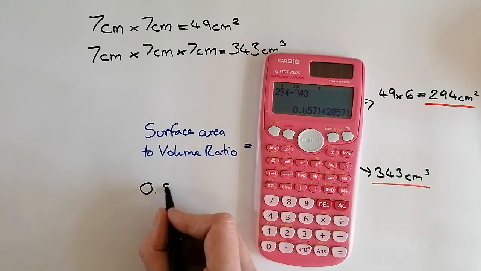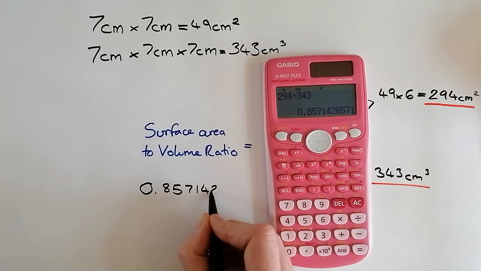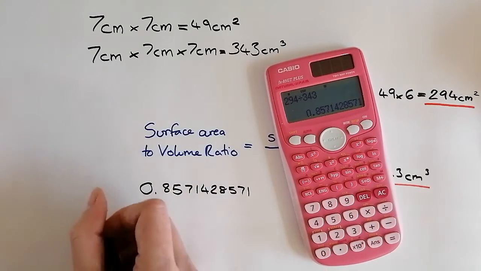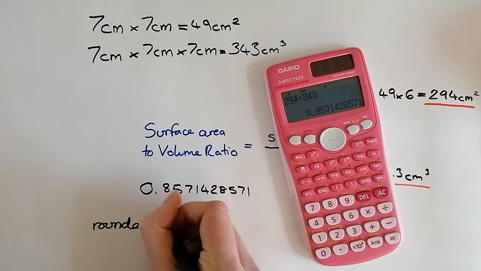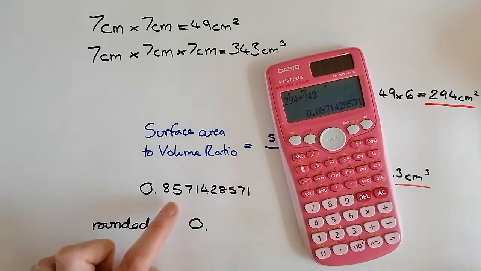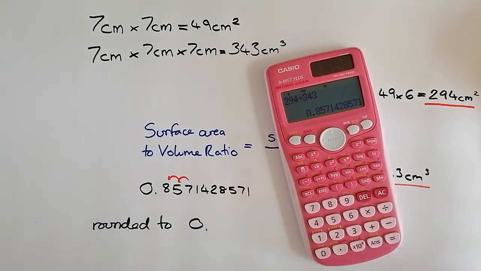So I write out the entire thing as it is on the calculator, 571, and then I'm going to write rounded to 0 point. Now this number here is bigger, which picks that up to a 6, which picks that up to a 9.